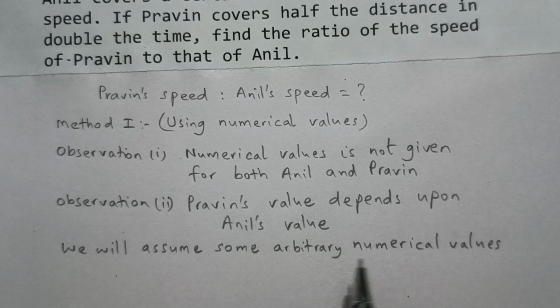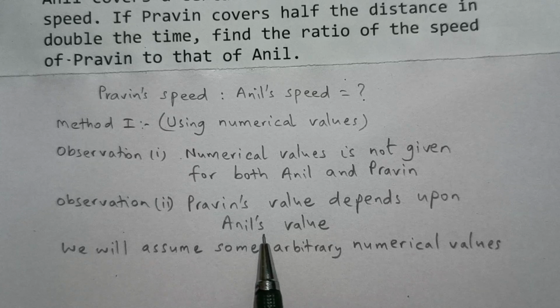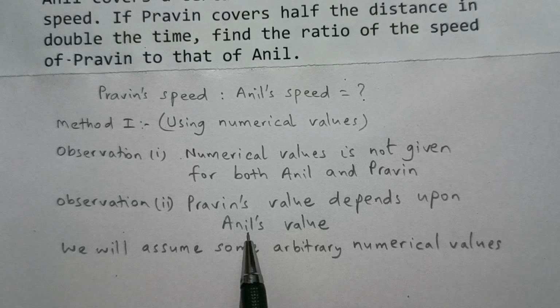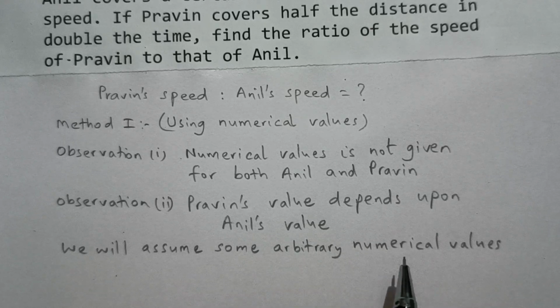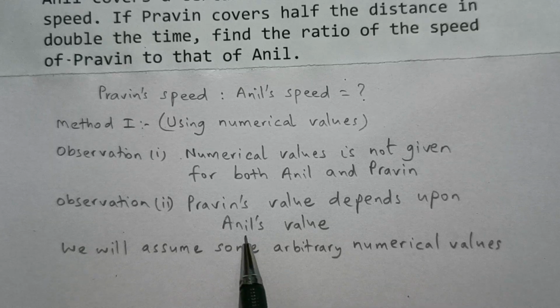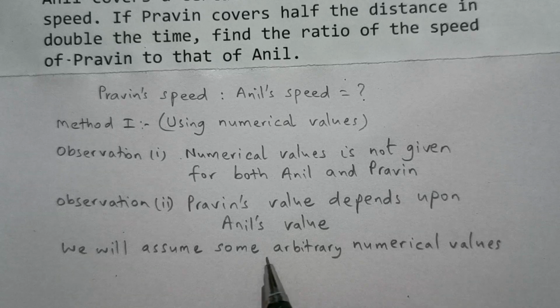And we will take these arbitrary numerical values for Anil, not for Praveen, because Praveen's value depends upon Anil's value. So we will assume some arbitrary numerical values for Anil.